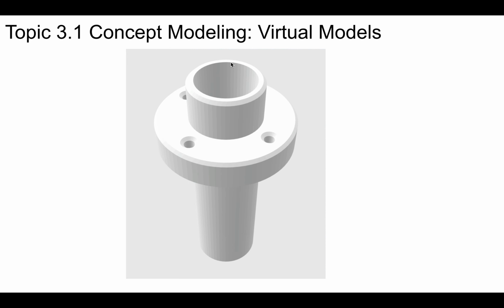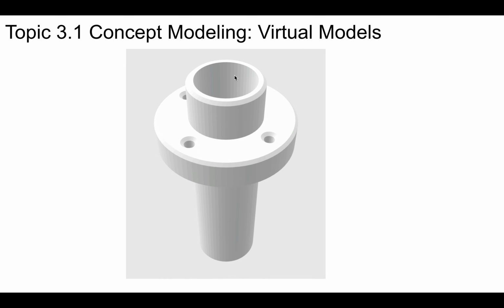And this is the iterative nature of concept modeling, is that you might want to run this by your client before you actually make this. And this, for instance, is a part that a person asked me to see if I could model for their boat.